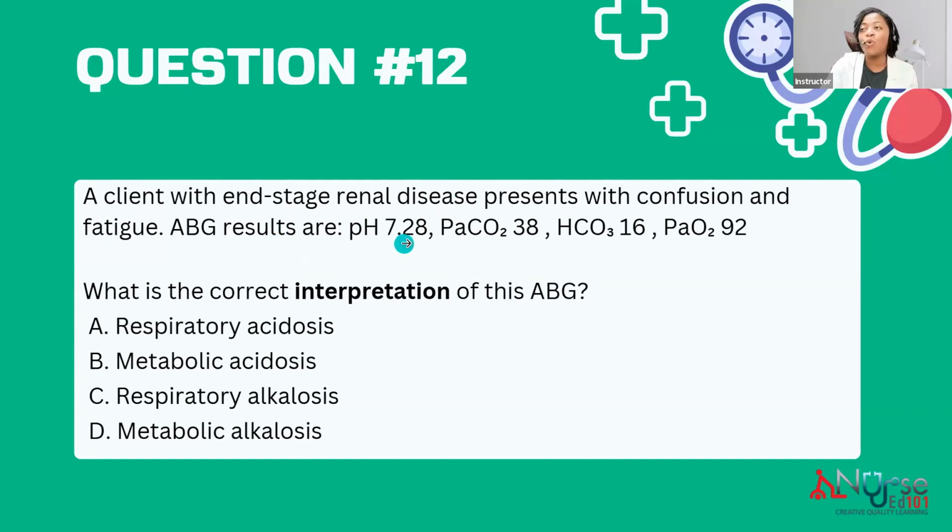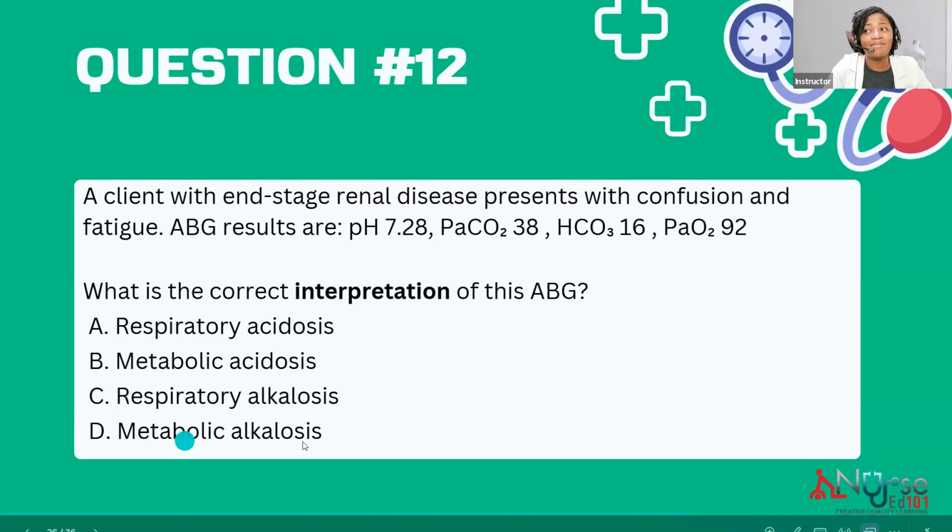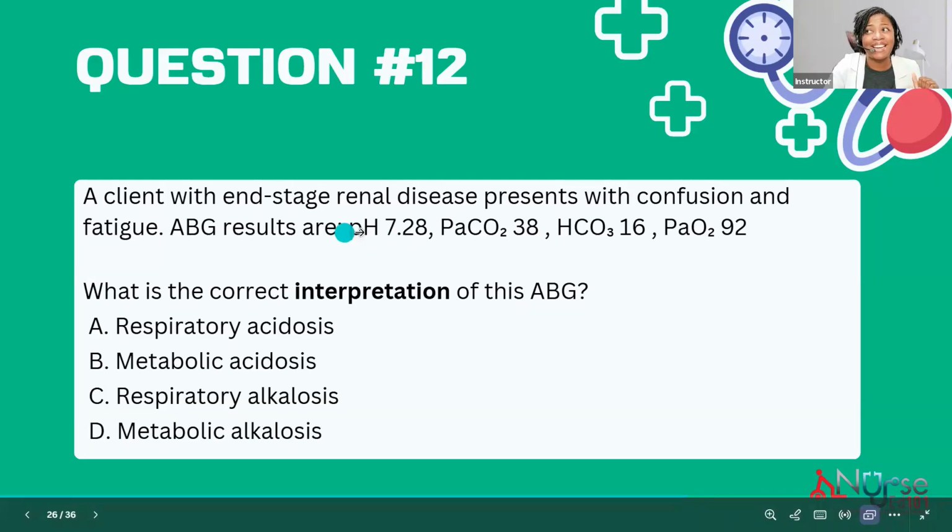The norm should be 7.35 to 7.45, and anything on the low end, well, if you move lower than 7.35, and 7.28 is less than 7.35, then that puts us at acidosis. So we can get rid of C and D because they're not alkaline, they're acidotic.